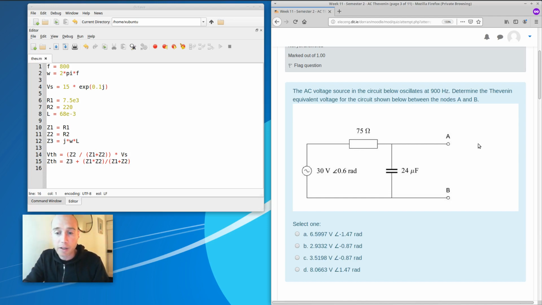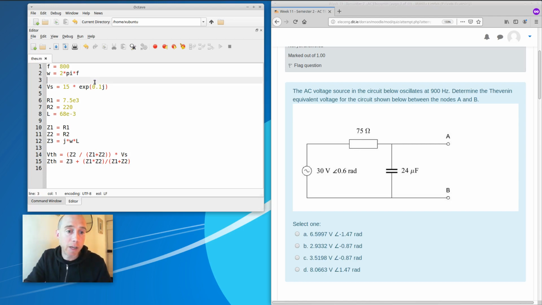The voltage that you're going to see when the terminals are left open circuit is just going to be the voltage across this capacitor, and we can get that by voltage division between these two. So we represent the two of these as impedances and then do voltage division to get the voltage across the capacitor resulting from this source, and that will tell us the Thevenin voltage.